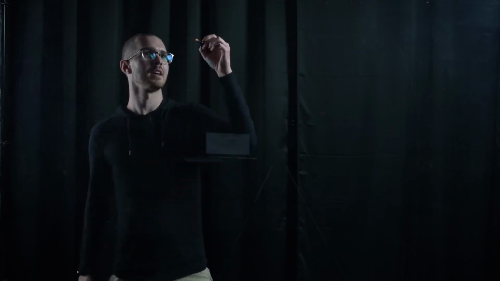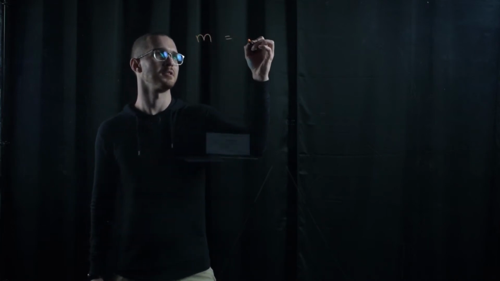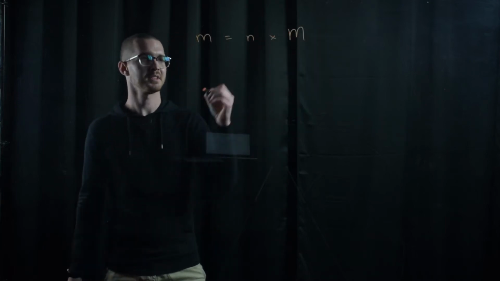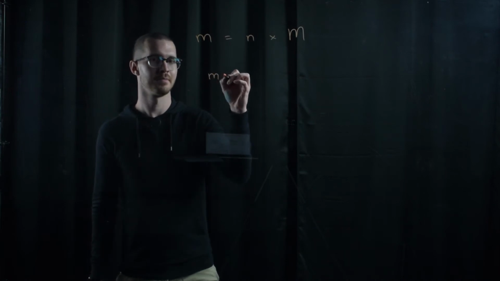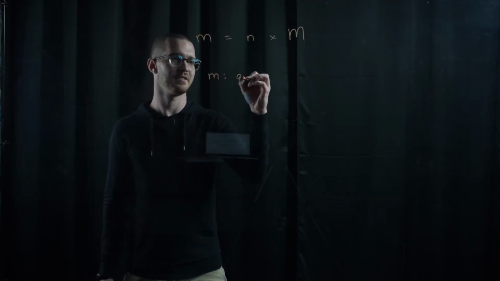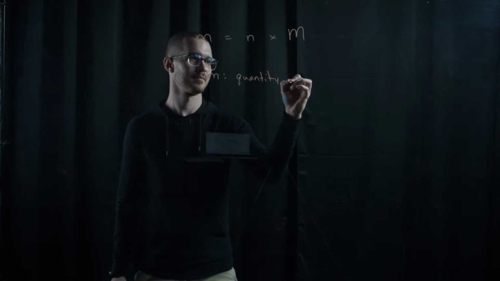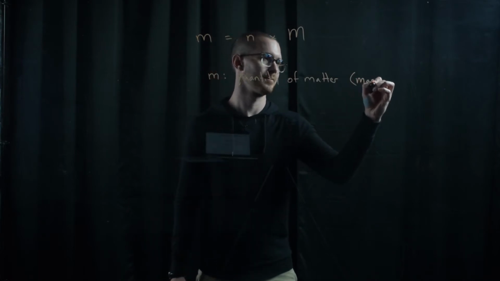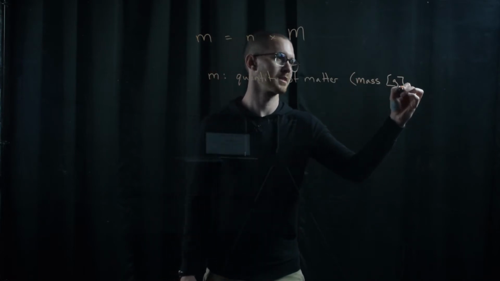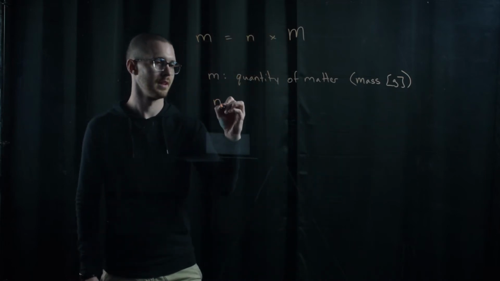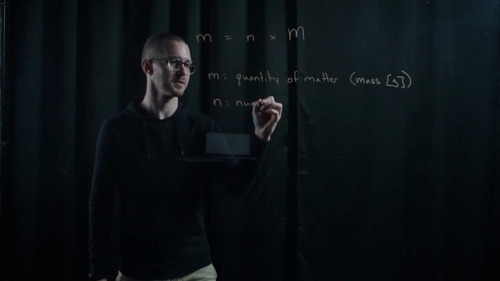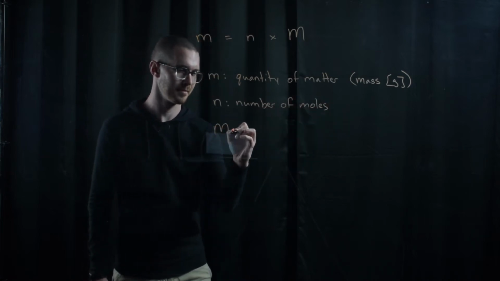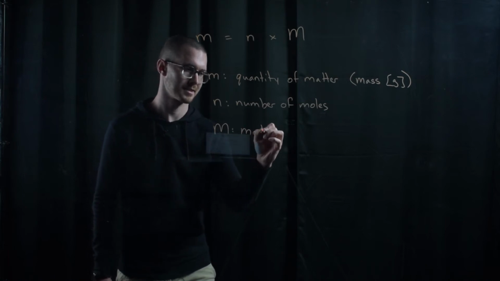So a basic equation is m is equal to n multiplied by capital M. This is where little m is the quantity of matter, or we can say the mass in grams. n is the number of moles. And capital M is the molar mass.